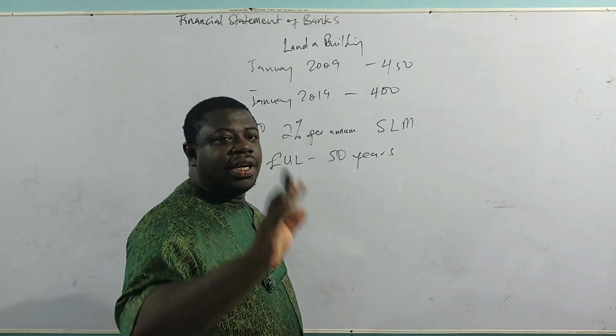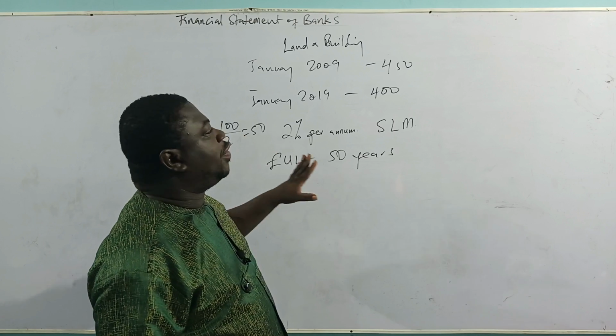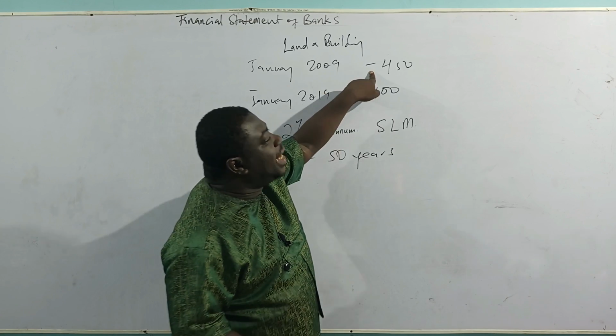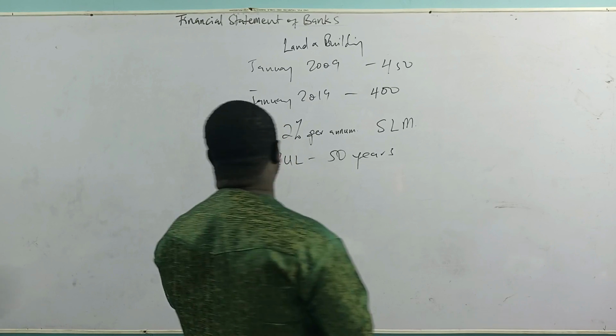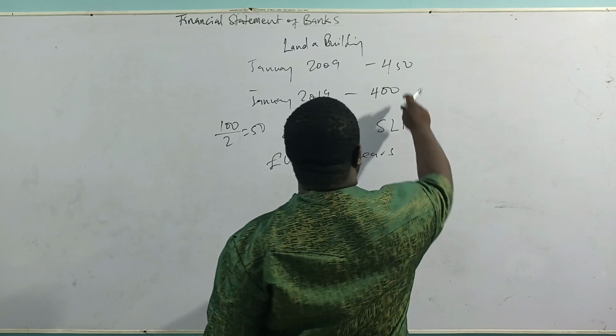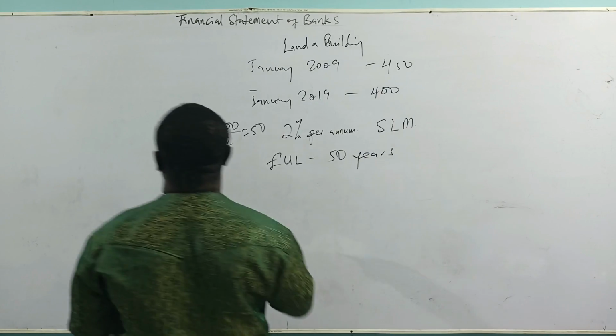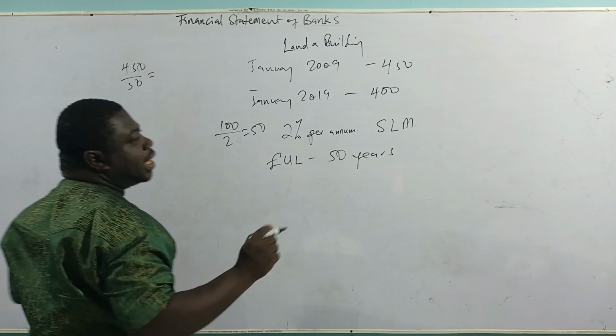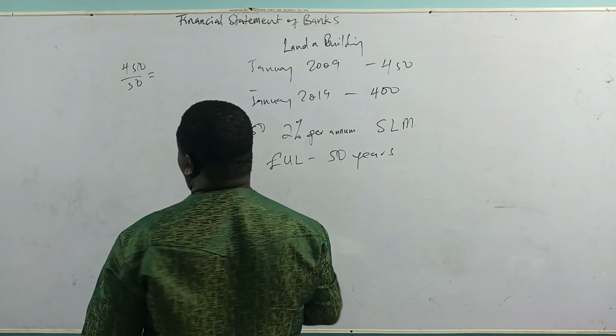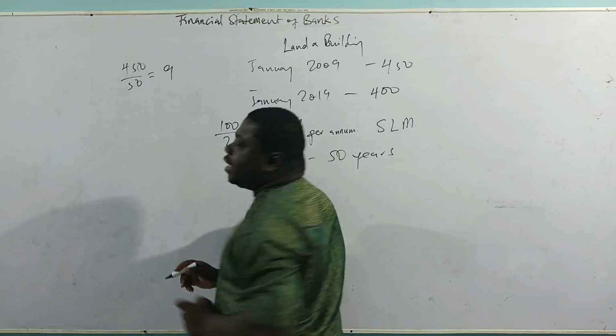So now, it means that the useful life of the asset is 50 years at the date of purchase. Now, 10 years has gone. If it is 50 years, you can either calculate 2% of this, or you say 450 over 50 years, meaning that the annual depreciation charge is 9 cedis per annum.